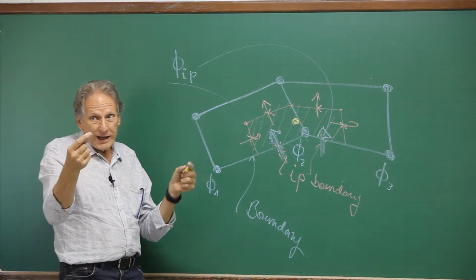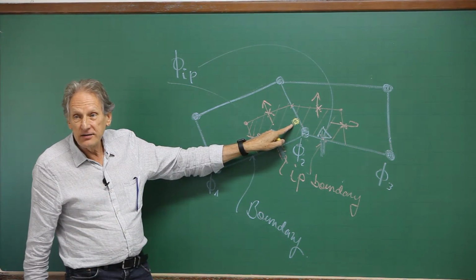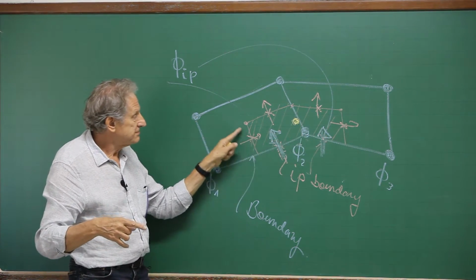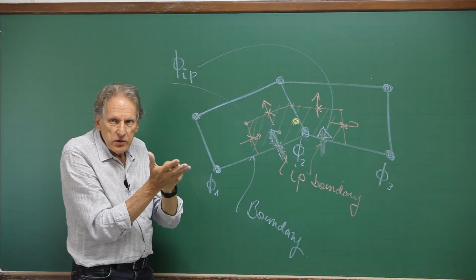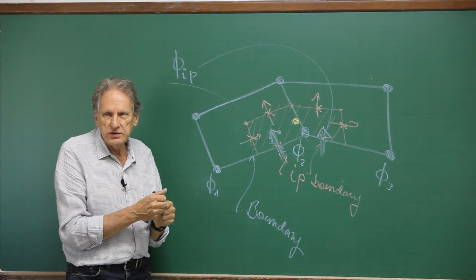So what comes from your linear system is this value, because I'm doing a balance on this control volume. Of course, if the grid is sufficiently refined, these two values will be very, very close.